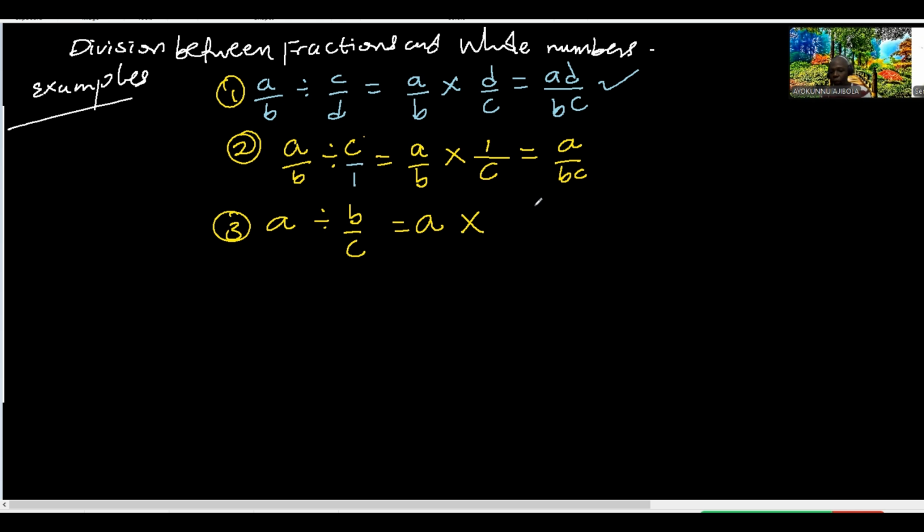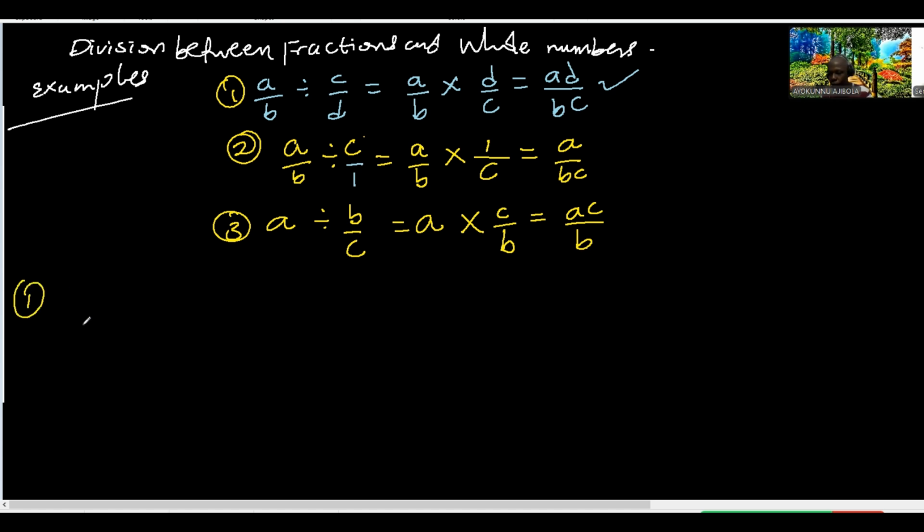C over B. Yes, C over B. Then I can now multiply A and C to give me AC, and there's nothing to multiply A and B. So let's look at some examples.